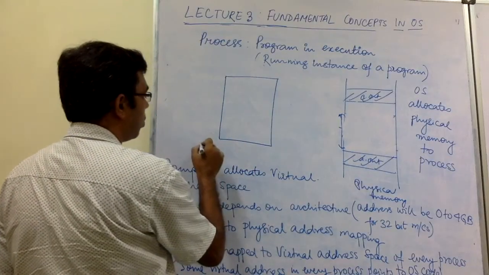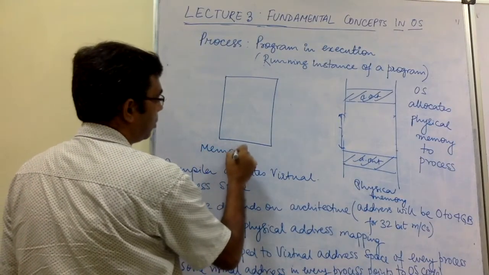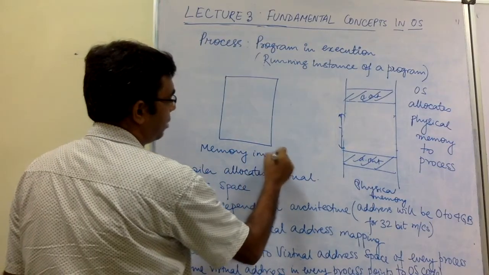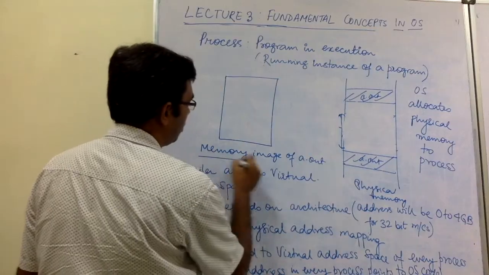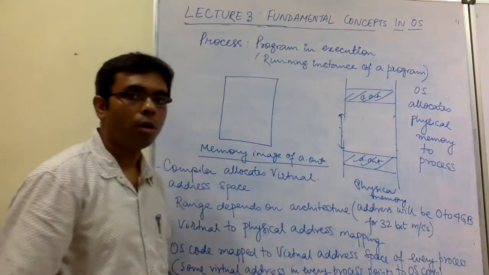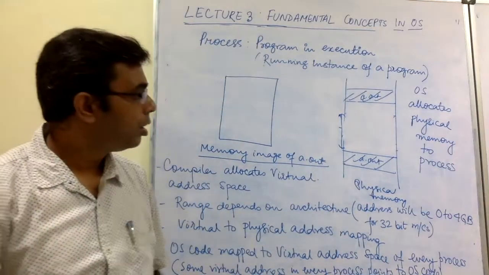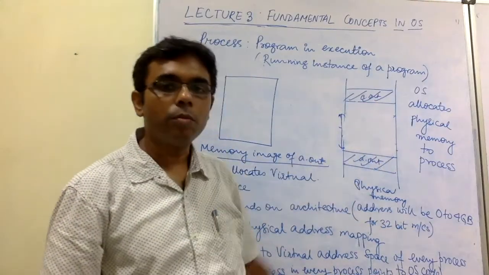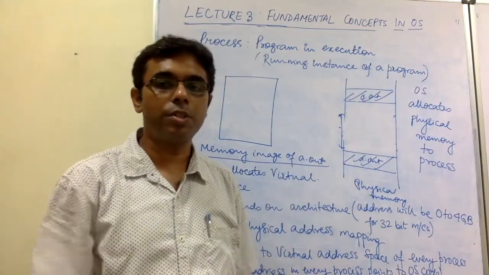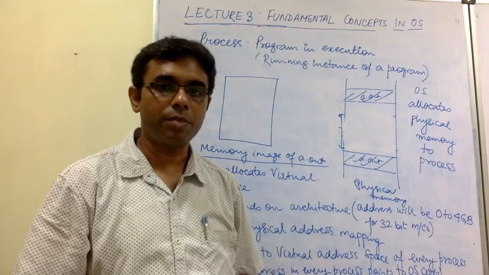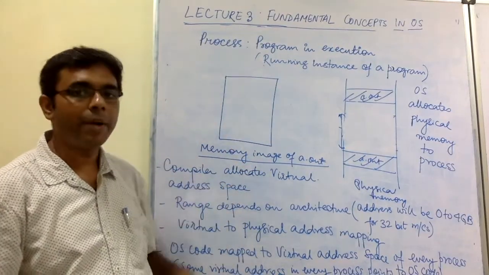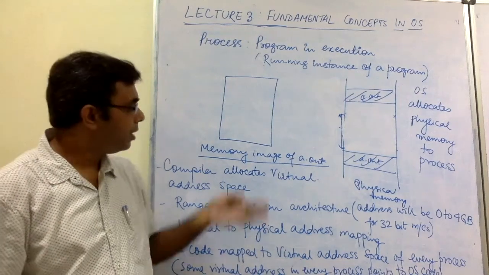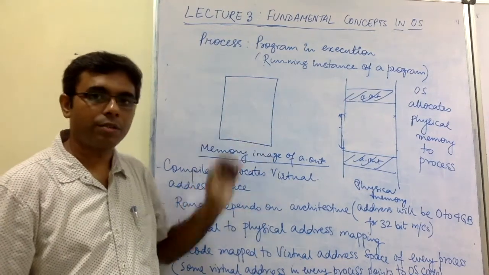So this is also a memory image of the process called a.out. Now you see you have two views of this particular process. One, the actual view, that is the actual locations allocated to that process by the operating system, and the other which is done by the compiler. Okay. And this is a virtual address range.